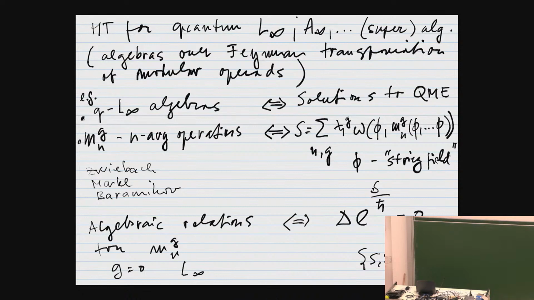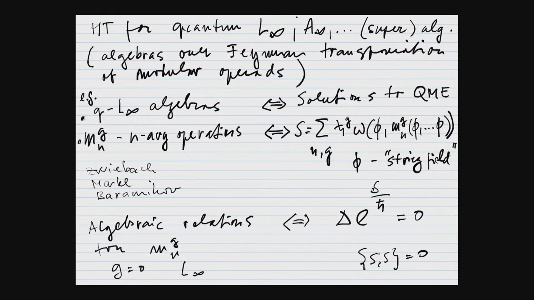Well, now I can come to the point about the homotopy transfer. What I would like to consider are quantum versions of homotopy algebras: Lie infinity, A infinity, maybe even super versions of those.